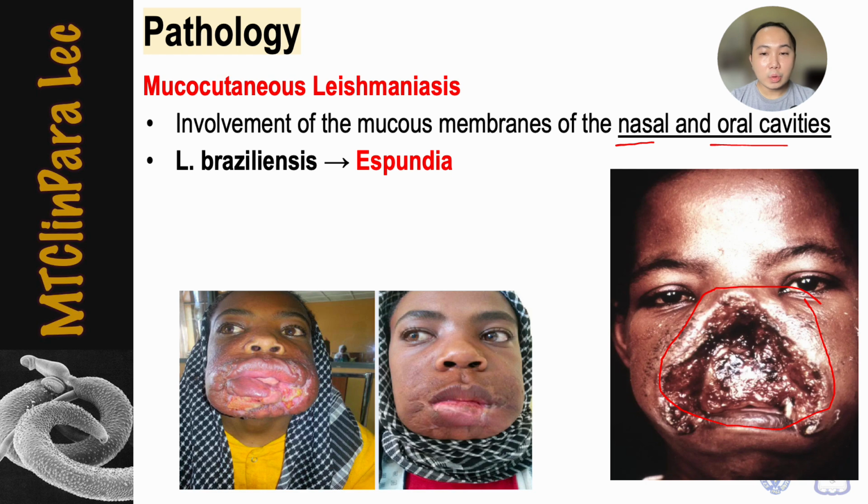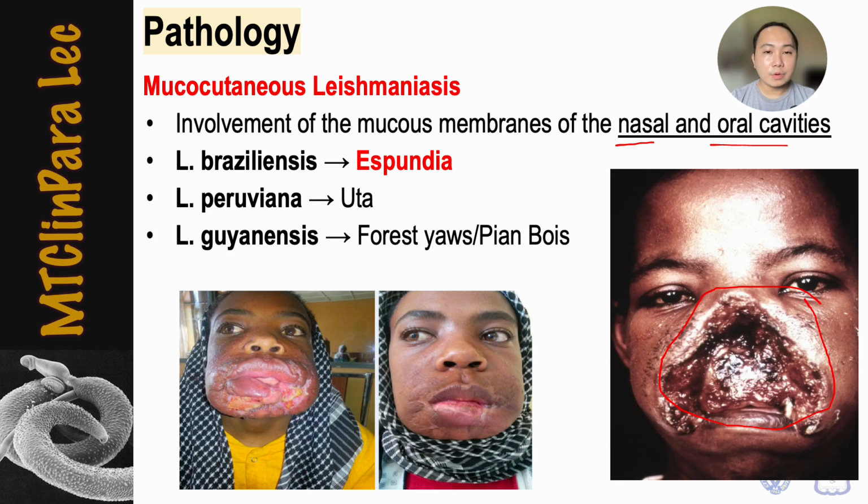This is where the particular area in our nose becomes disfigured and may progress into the pharynx and larynx, or your respiratory tract. Most of the time, signs and symptoms may manifest as dysphonia, or change in the voice, dysphagia, or difficulty in swallowing, and even aspiration pneumonia.